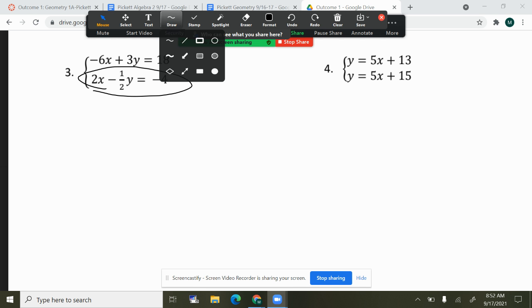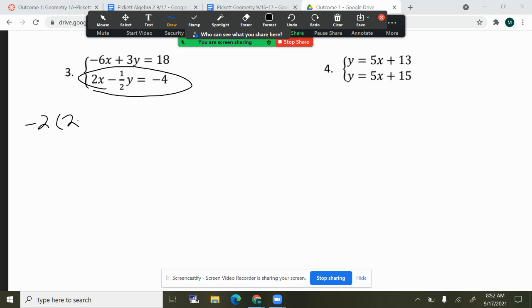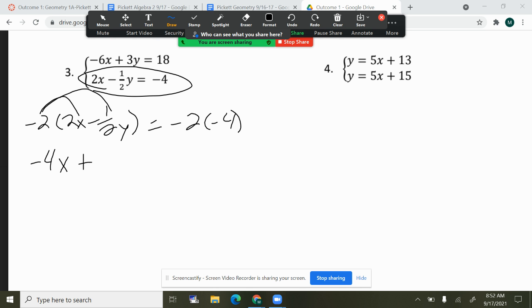So negative 2 times 2x minus 1/2 y is equal to negative 2 times negative 4. So we distribute: negative 4x, and then negative times negative is positive, 2 times 1/2 we said was 1. So it's 1y, which is really just y, and that's equal to negative 2 times negative 4, which is 8. I'm going to add 4x to both sides, and I get y is equal to 4x plus 8.